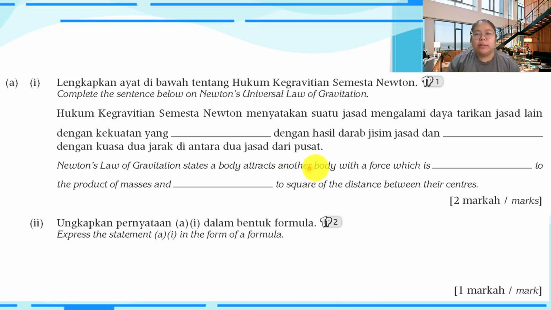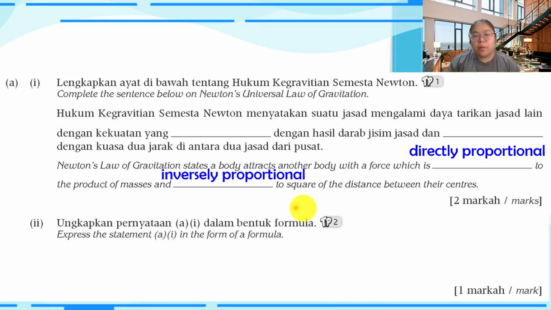The force acting between two bodies is directly proportional to the product of the masses, and also inversely proportional to the square of the distance between their centers. So one is directly, another one should be inversely.